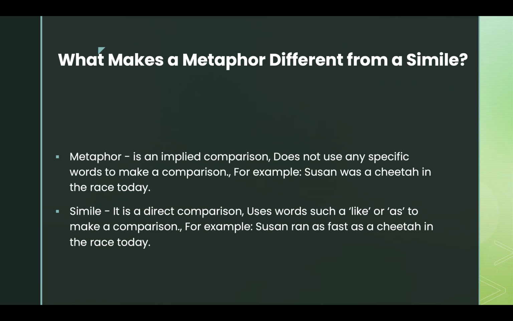So you know exactly what is being said about Susan in terms of her swiftness. But that's the bottom line difference between the metaphor and the simile. Again, if you want to remember them, the simile uses like and as. So you're saying something is like something or as something. With the metaphor, you're saying it is the exact thing.